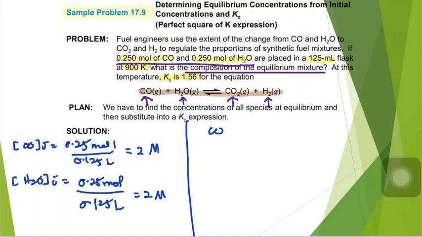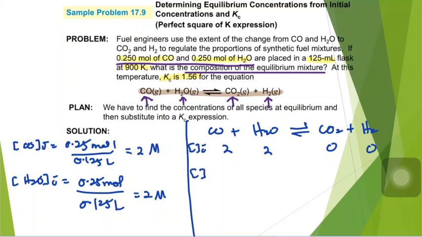We have CO plus H2O producing CO2 plus H2. The initial concentration of CO is 2 molar, the initial concentration of H2O is 2 molar, 0 for CO2, 0 for H2, because only reactants are present initially in the reaction container. Then the concentration changes.